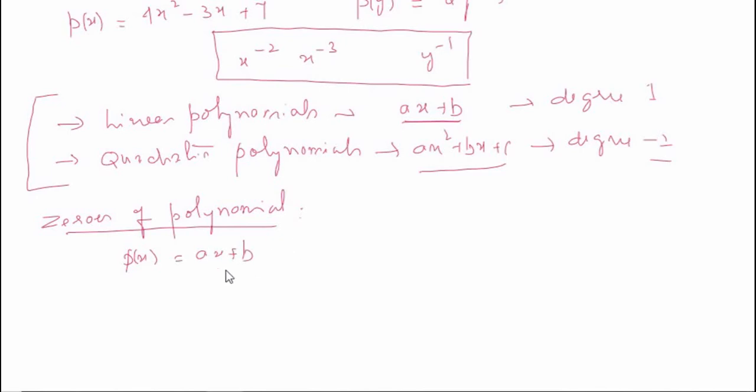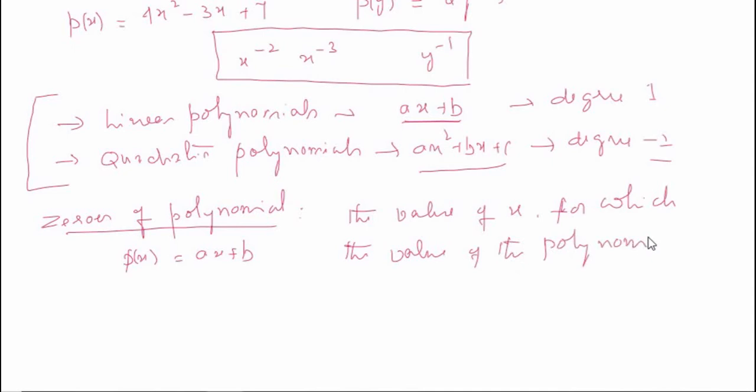So what is the zero of this polynomial? It is the value of x for which the value of the polynomial becomes 0.